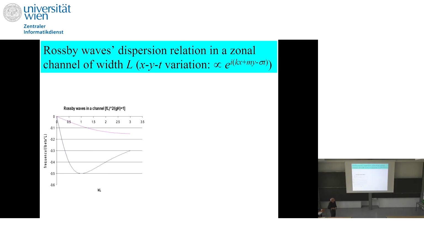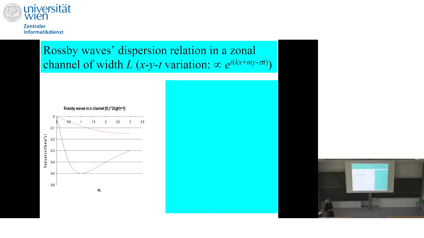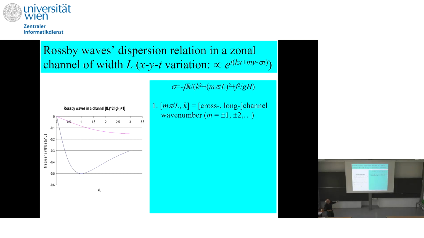Just to look at the dispersion relation, this is how we zoom in on the dispersion relation of these waves. This is mode n equals 0, n equals 1, and there are infinitely many of them. Just to say a few words about them, this is the exact dispersion relation. So you see, this is sigma. If you compute C, then you divide by K, it becomes just beta in the numerator.